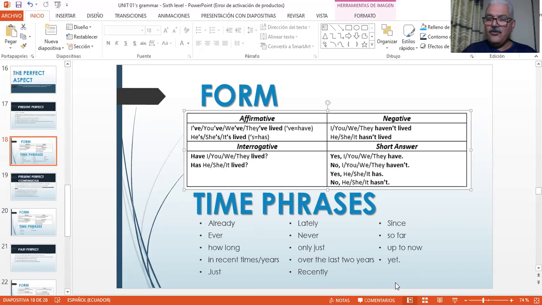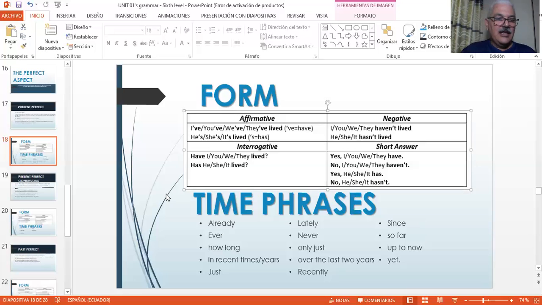Okay, but you know the two that we usually use are since and for, because they are expressing a period of time. Since expresses the moment in which we begin doing the action, and for expresses the direction of this action.